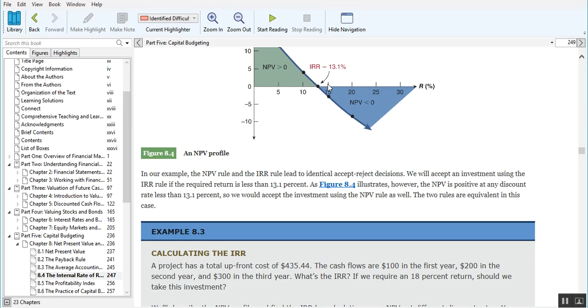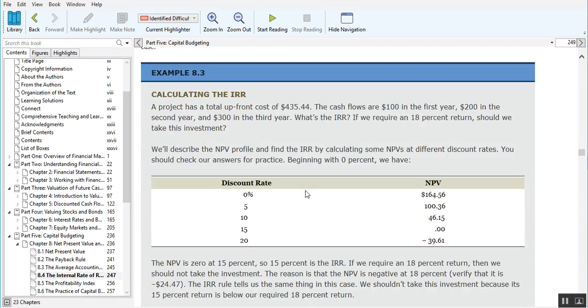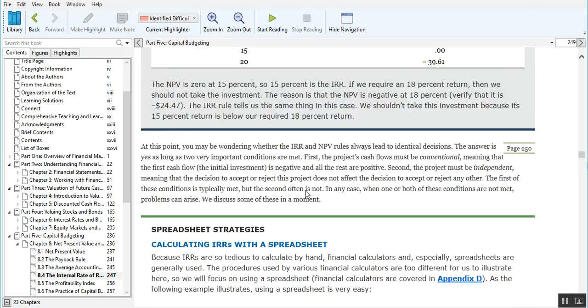If it's less than 13.1%, and what this is actually doing in an internal rate of return, you're looking at the break-even point. You're looking at the rate of return at which you would say, anything more than this, I can't do it. If I expect a rate of return higher, I can't do it. If it's a rate of return less than this, then I can.